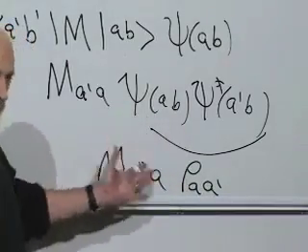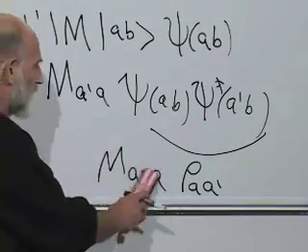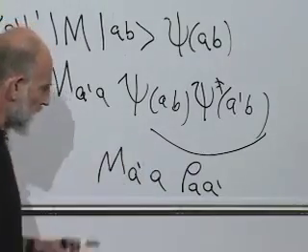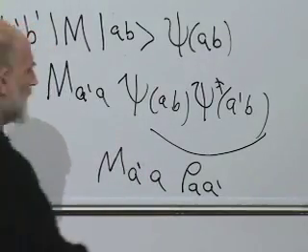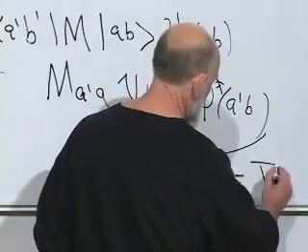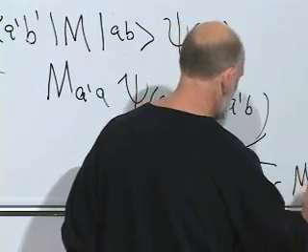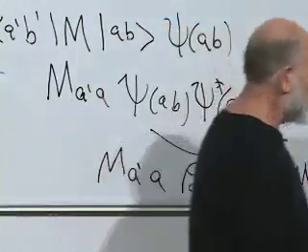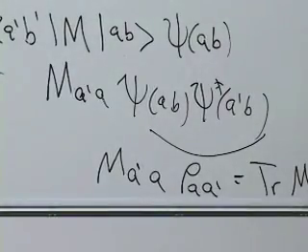This is the way you multiply matrices in terms of components. This expression is a trace of M times rho. Let's check that. Let's do it by longhand calculation, that it really is the trace.